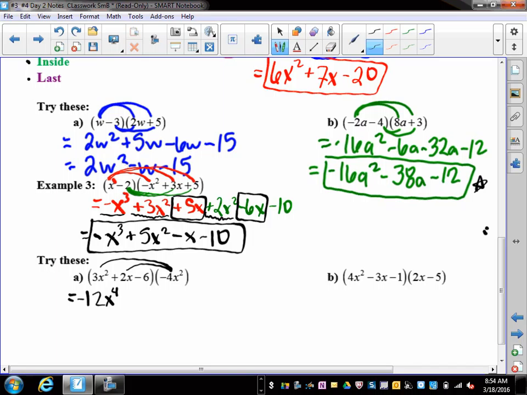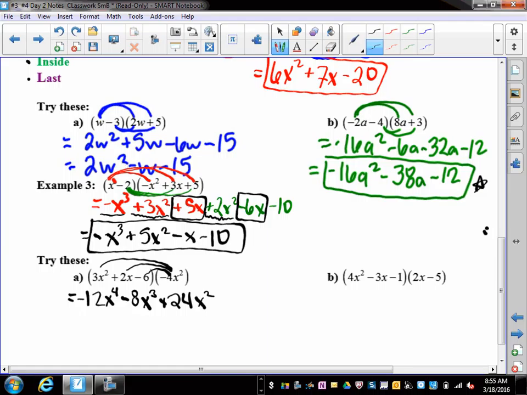What's negative 4 times 2? Negative 8. X squared times x. Good, x cubed. Alright, and negative 4x squared times negative 6. What's negative 4 times negative 6? Natalie, you with us? Positive 24. And just x squared, right? Jason, are you writing this down? Yeah, you got it. All of it.